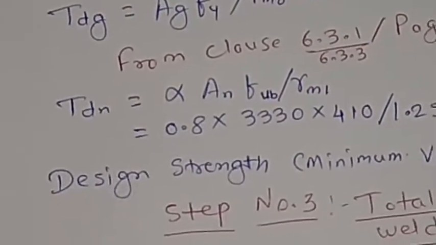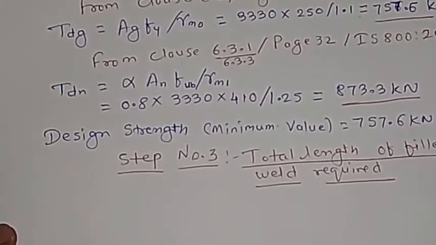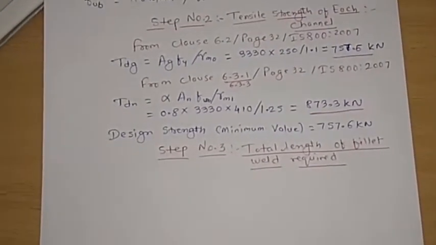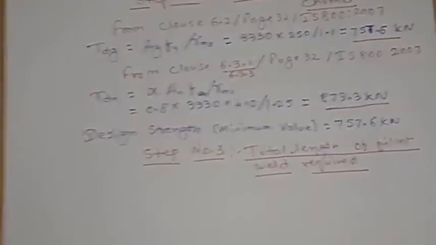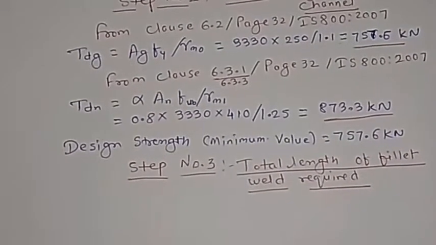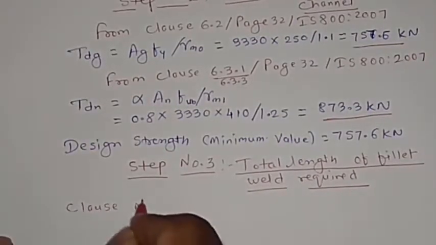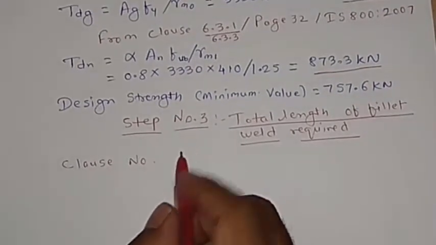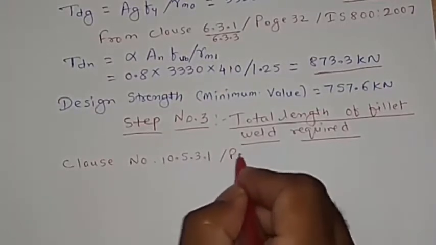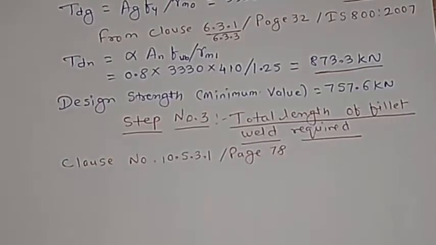So I'll simply write down here, from clause number 10.5.3.1, that is page 78, we have this minimum size of the weld.